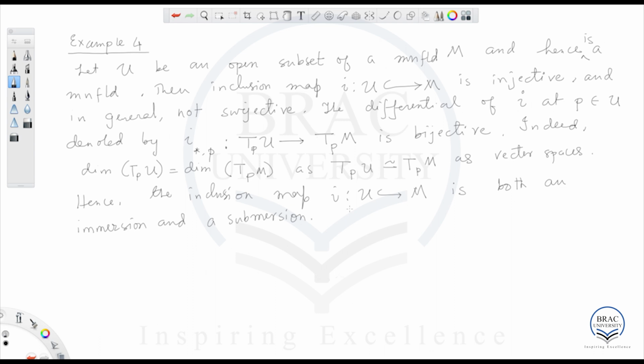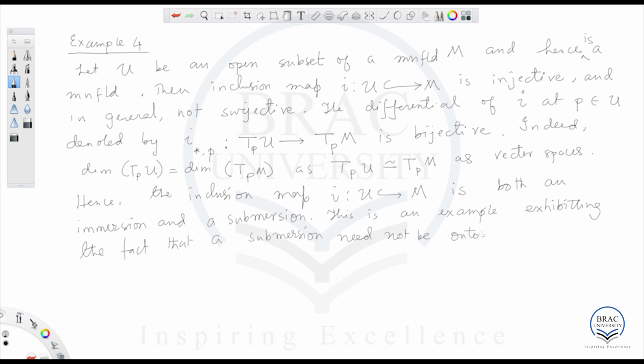So this is an example exhibiting the fact that a submersion need not be surjective at all, need not be onto.